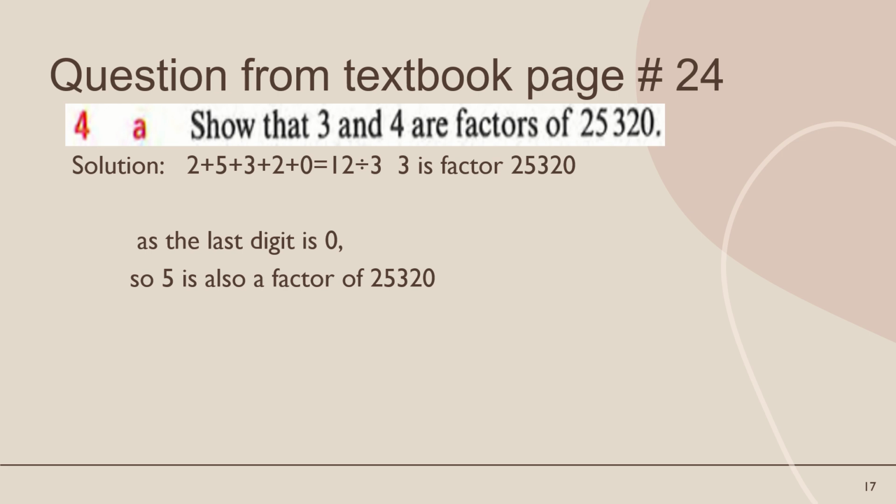Question from the textbook: show that 3 and 4 are factors of this number. Okay, first add the digits. The answer is 12, and 12 divides completely by 3. So 3 is a factor of this number. For 4, how can we find it?